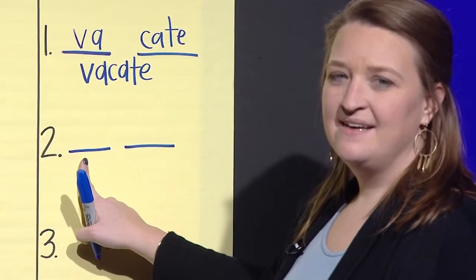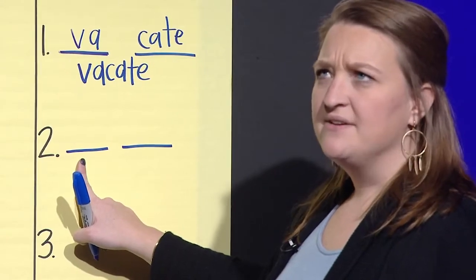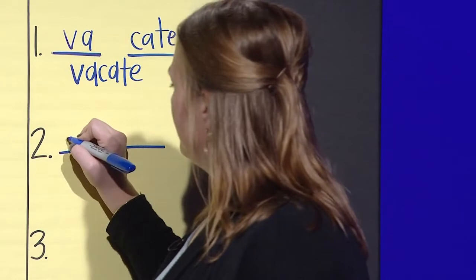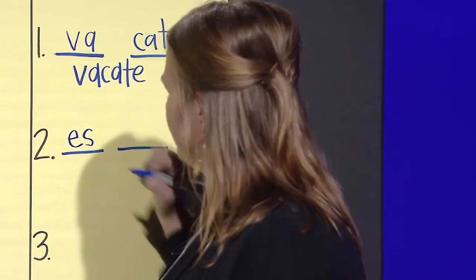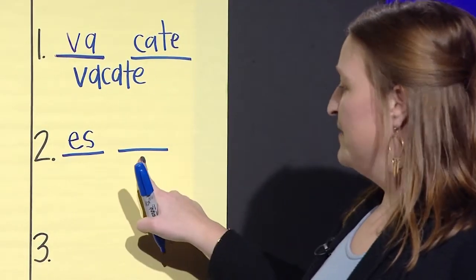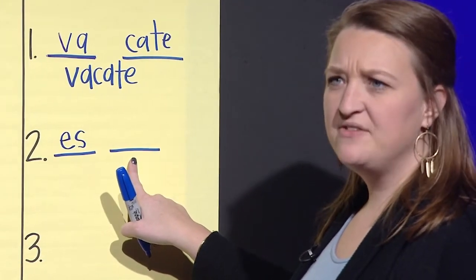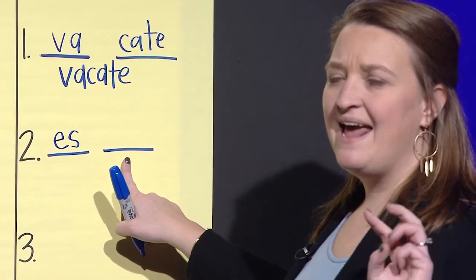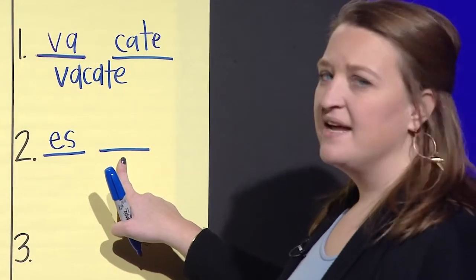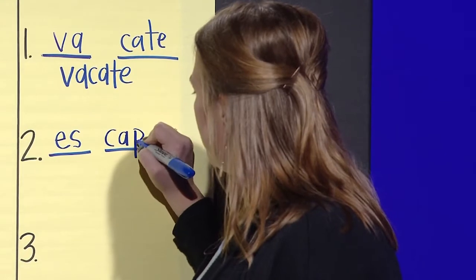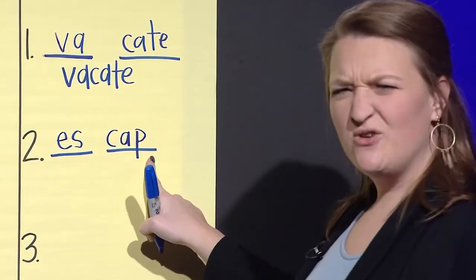S. Let's count those sounds. S. Let's spell it. S. What's our next syllable? Cape. Let's count the sounds. K, A, P. All right, let's write it. K, A, P. Is this correct?